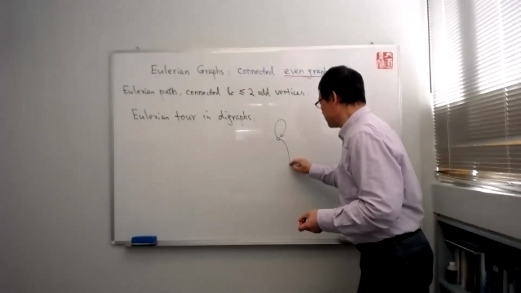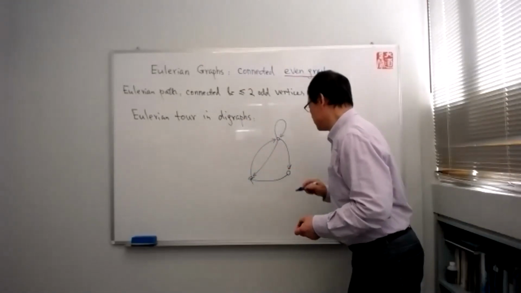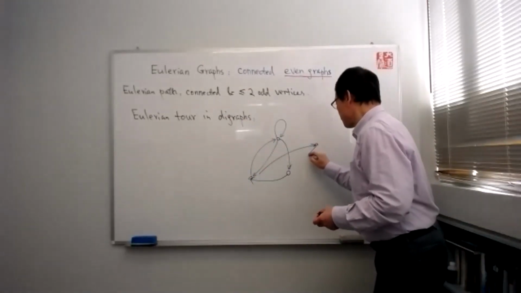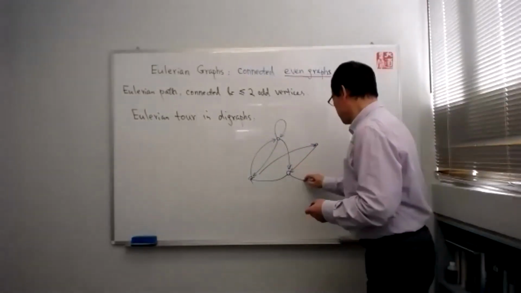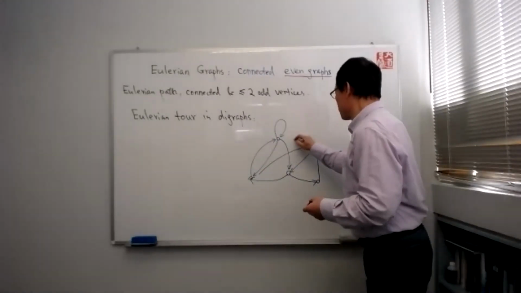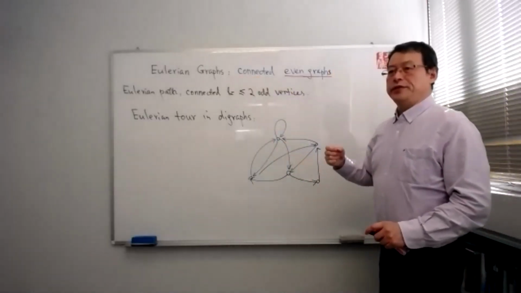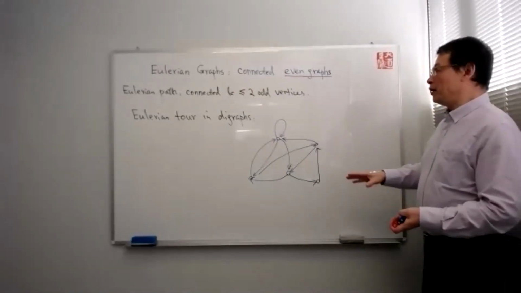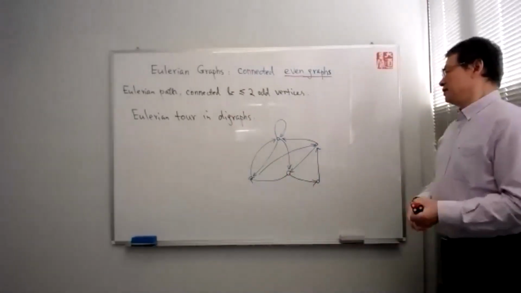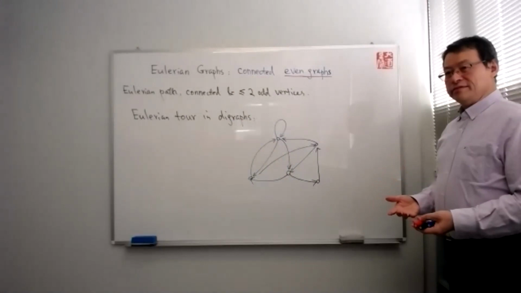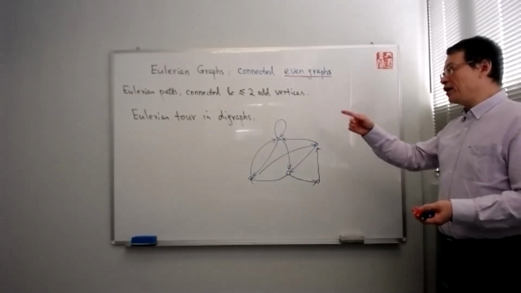The graph may look like this. So that's a digraph. From this, it's easy to obtain a characterization of a digraph that admits an Eulerian tour. It's very easy to do. Do you see it? What's the necessary and sufficient condition for a digraph to contain an Euler tour?